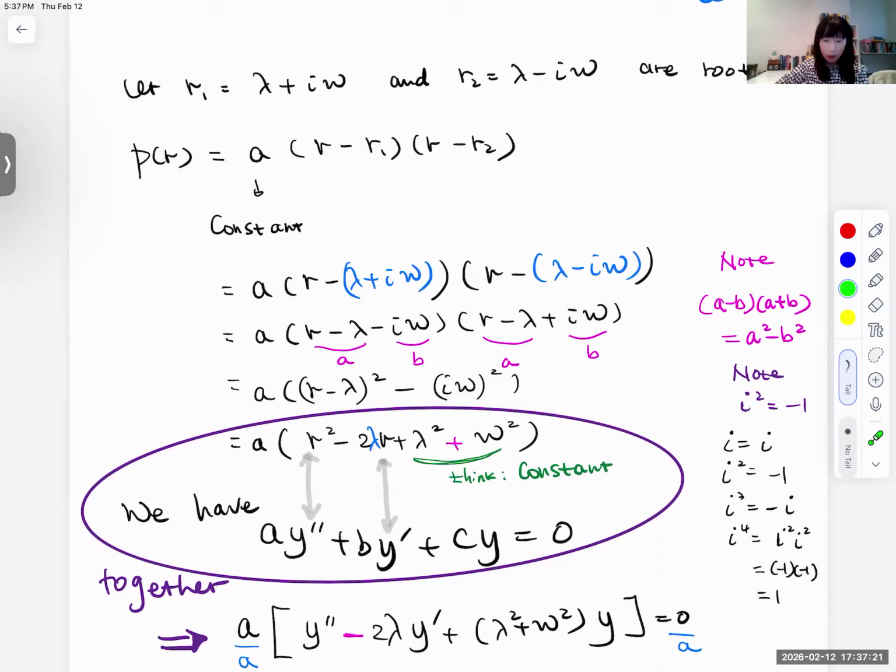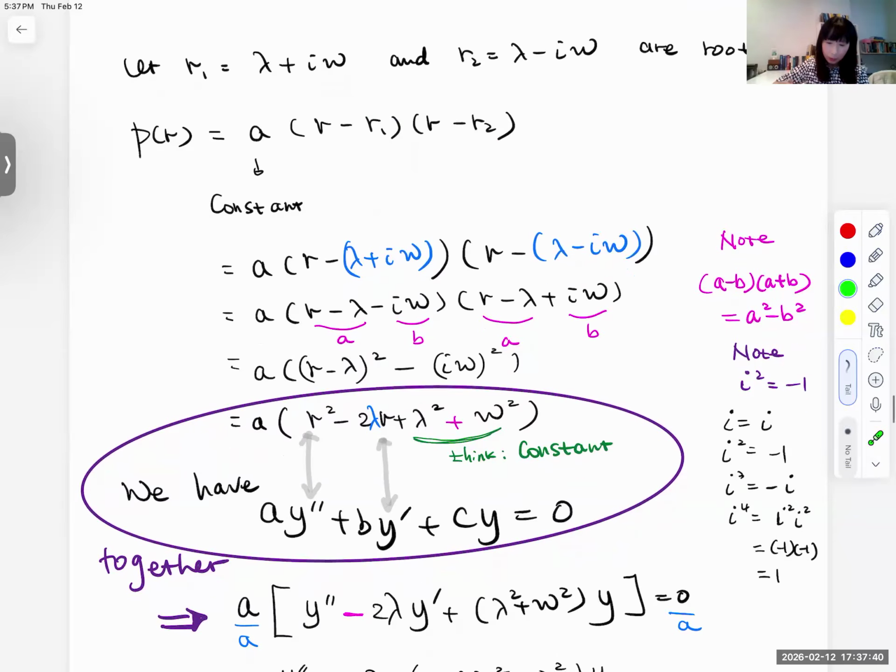All right, so since R sub 1, R sub 2 are roots, yeah, then we can express this way, right? Then we can set up the 0, then these are the roots, which is the solution, right? Okay, now, since R sub 1 equal to lambda plus i omega and R sub 2 equal to lambda minus i omega, right? I kept saying that W, so I have to think.